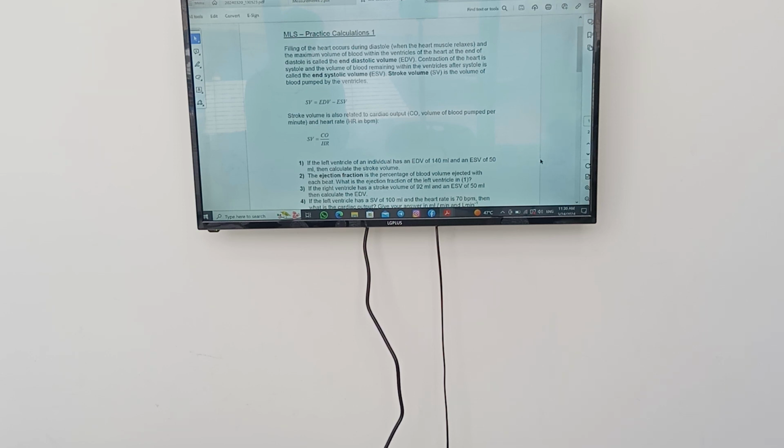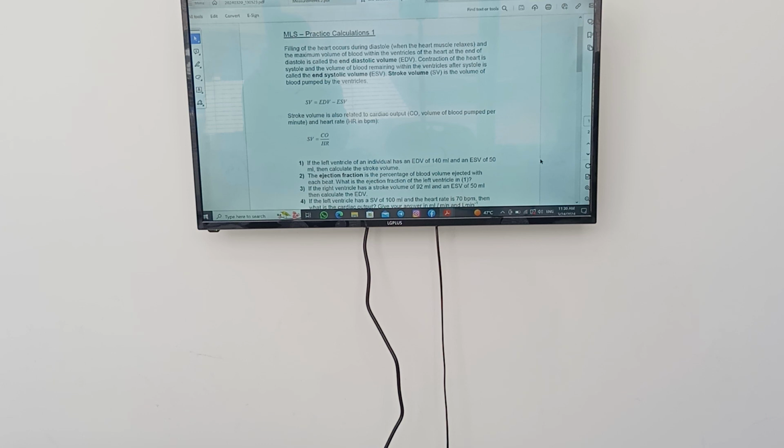However, when the heart contracts, for a moment of a second, some blood remains in the ventricles during the contraction of the heart. This is called ESV, the end systolic volume.